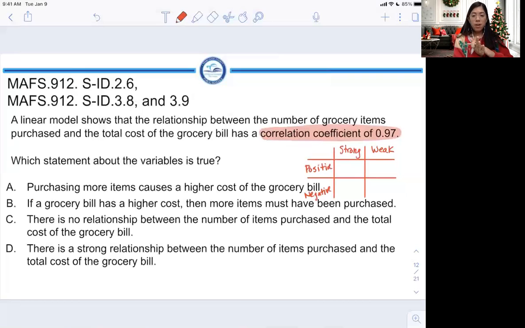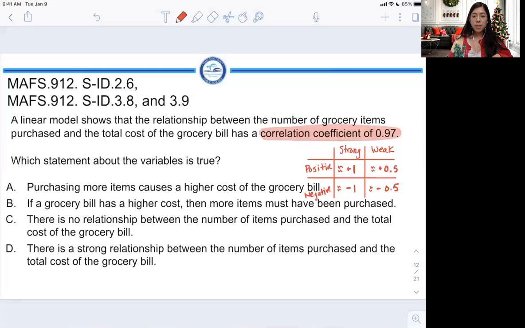The stronger you are, the closer you're going to be to positive one or negative one. So a strong positive relationship is going to be very close to positive one. A strong negative relationship is going to be pretty close to negative one. A positive weak relationship is probably going to be around 0.5, close to positive 0.5. And a negative weak relationship is going to be pretty close to negative 0.5.